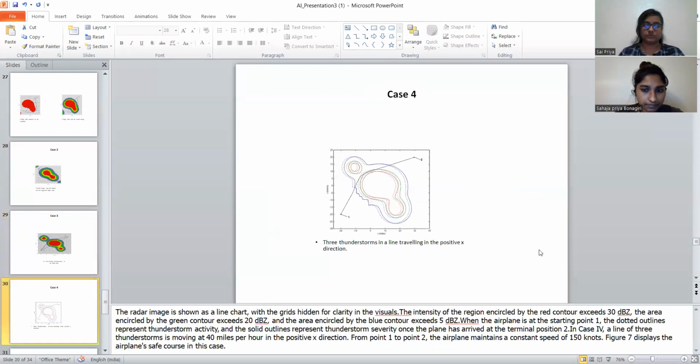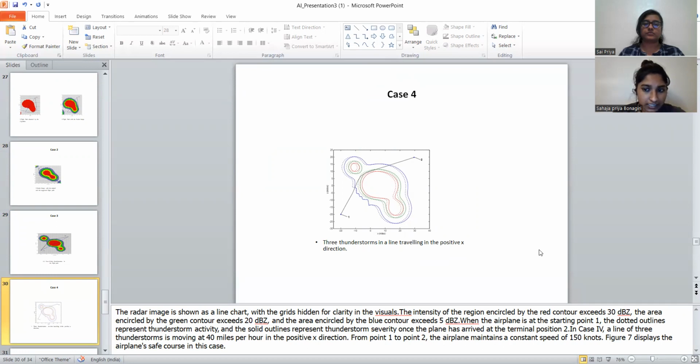Next slide. This is how you see the radar image as a line chart, with the grids hidden to make the lines easier to read. At least 30 dBz is above the red contour. The green contour has more than 20 dBz. The blue contour has more than 5 dBz, but it's not enough.